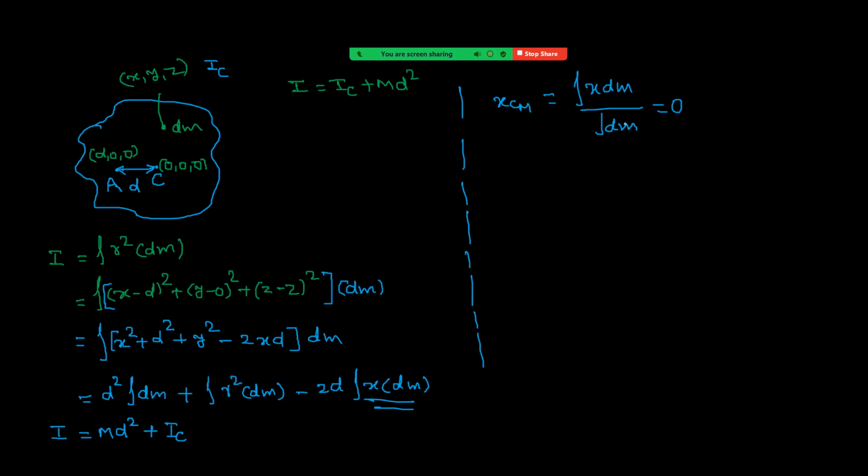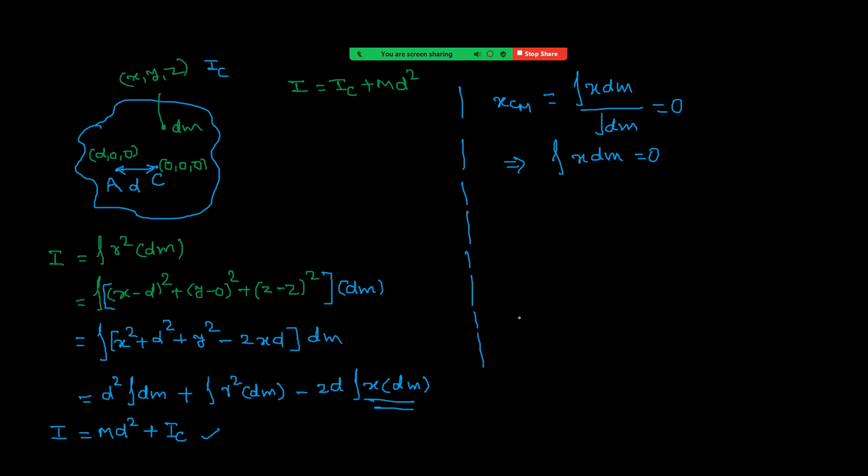Here you can see the denominator is not 0 because this is now total mass, which is non-zero. So total value 0 means numerator must be 0. So from this we can write integration of x dm is 0. So this is now 0. So we got I equal to IC plus md square. This is known as parallel axis theorem.